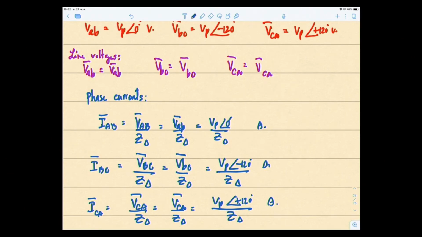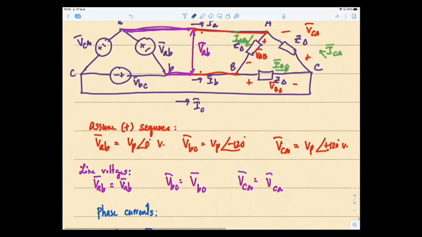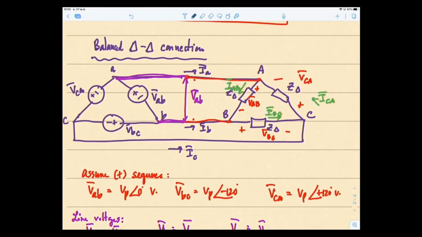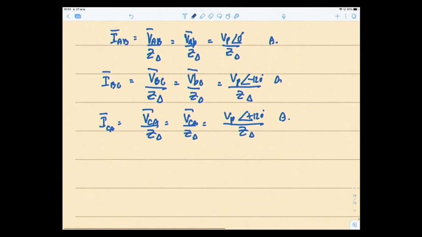Then what about the line currents? The line currents right here. So here, come to this point, and it consists of the two phase currents, IAB and ICA. So if we write the KCL at A, we're going to find the line current.